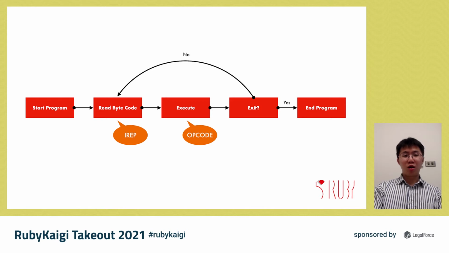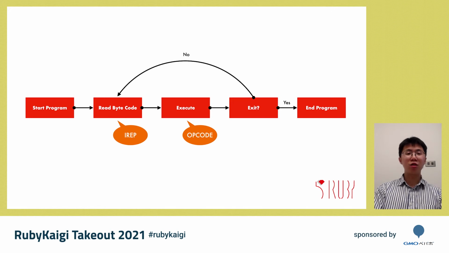So we start our mruby program and read some bytecode from the binary compiled by the mruby compiler, and we find the opcode inside it and do something. Next, if the opcode tells us we can exit our program, we stop it. If the opcode tells us we still have something to process, we go back and read the next opcode and continue to do something until we finish our program.